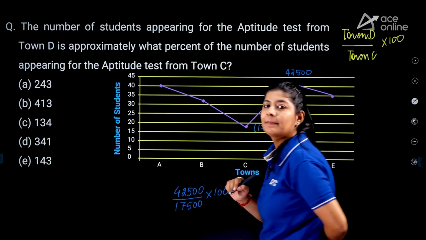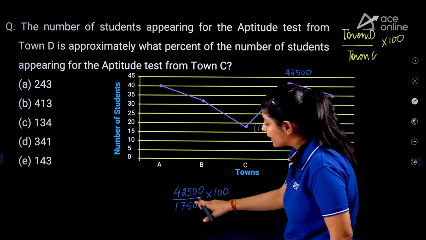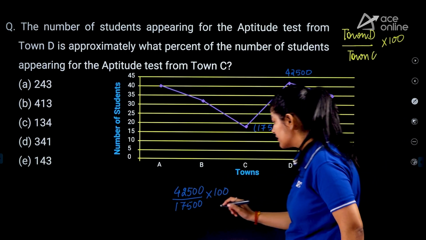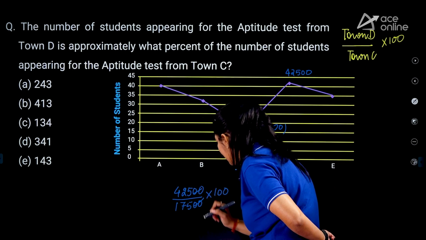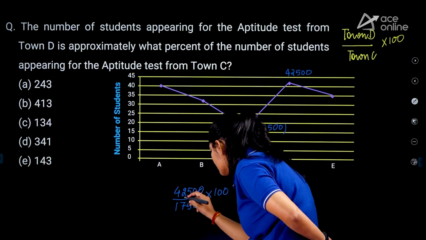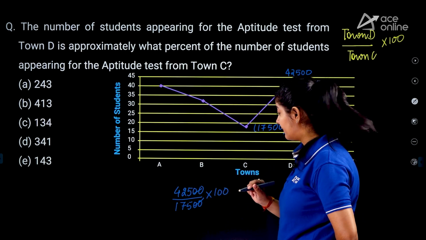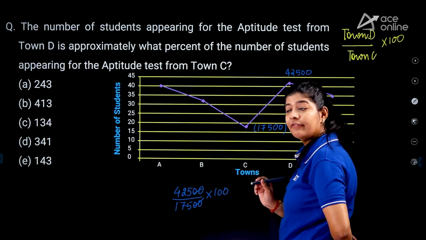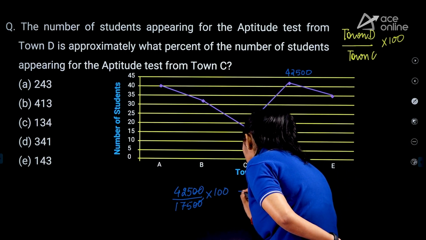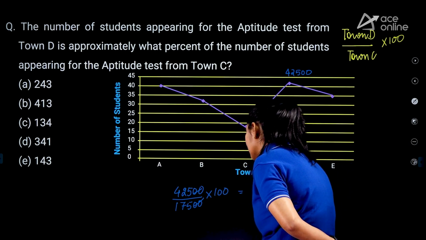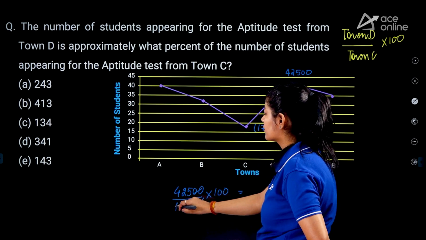Why are we multiplying by 100? Because we are converting the fraction into a percentage. Both of these zeros are eliminated here. We can also eliminate it with the help of 5, or easily with the help of 25 also.